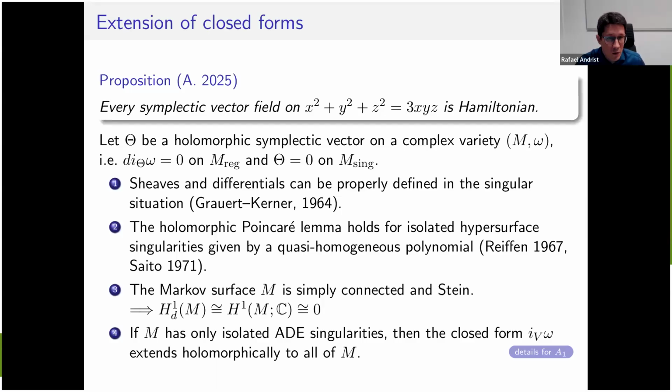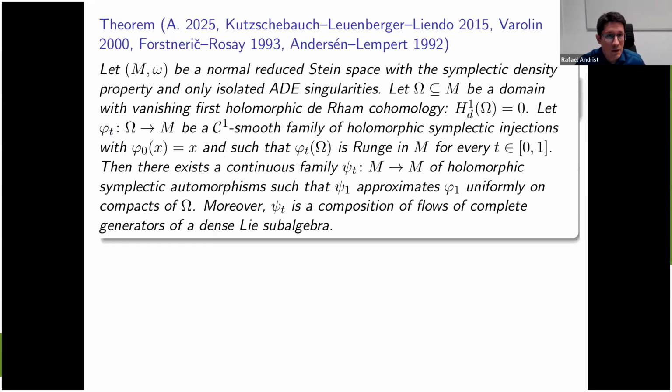Okay, so now we have to do some analysis part. I mean, there was some analysis before, but this is now really the analysis part where there's nothing really algebraic in it. This theorem is called the Andersén-Lempert theorem. And it was proved by Andersén and Lempert for star-shaped domains in C^n.